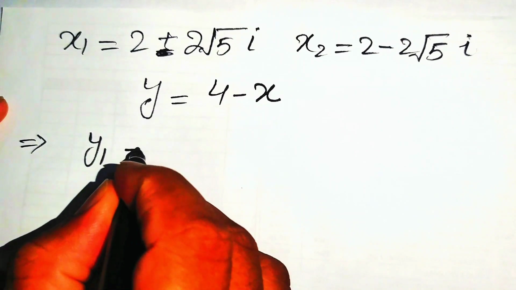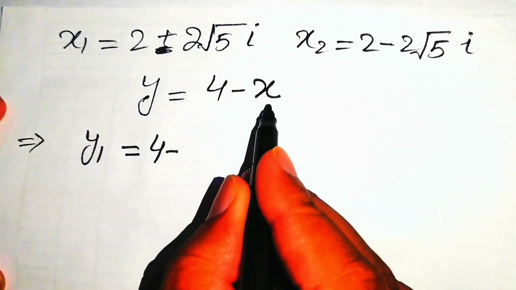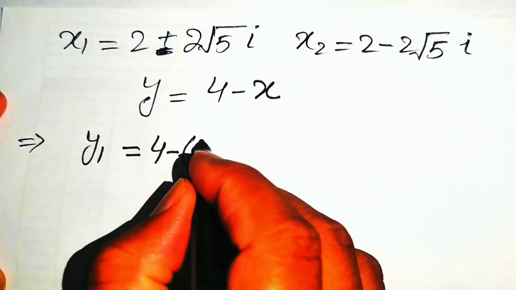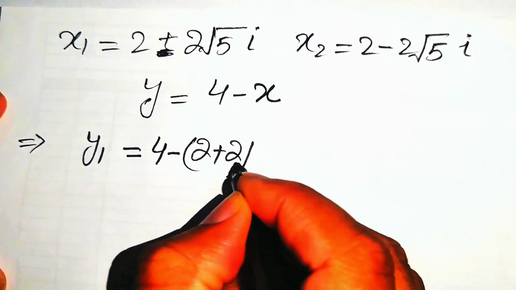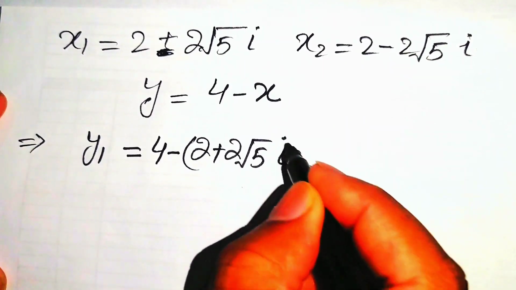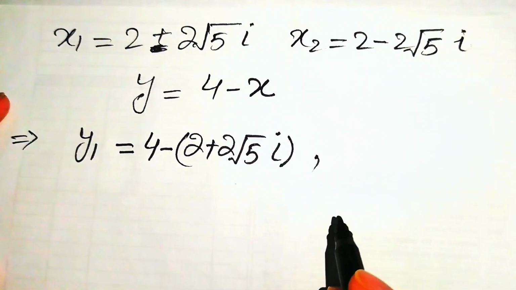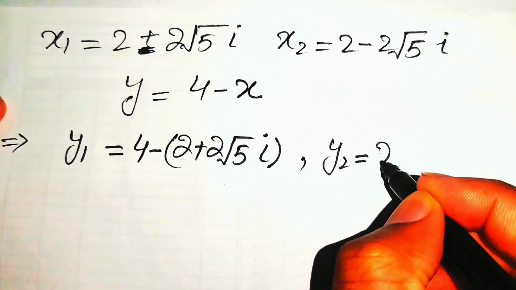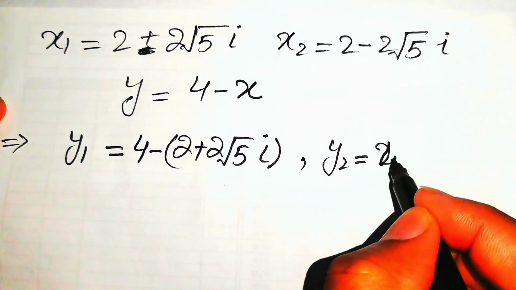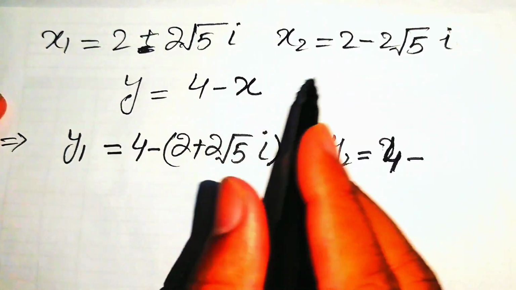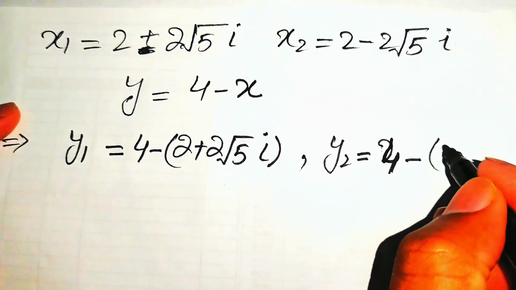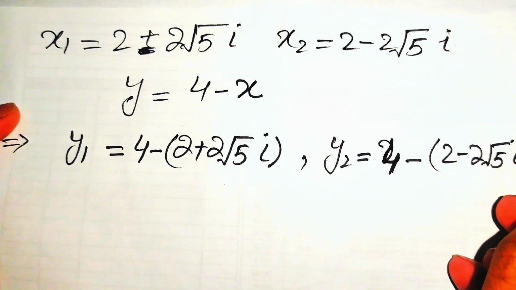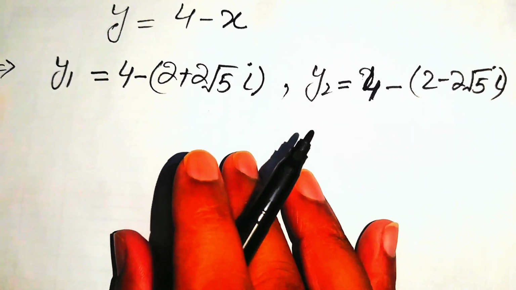First we have y1 equals 4 minus x. Here we substitute the value of x, and we get 4 minus (2 plus 2 times square root of 5 into iota). And similarly we have y2 equals 4 minus x, where the value of x is 2 minus 2 times square root of 5 into iota.